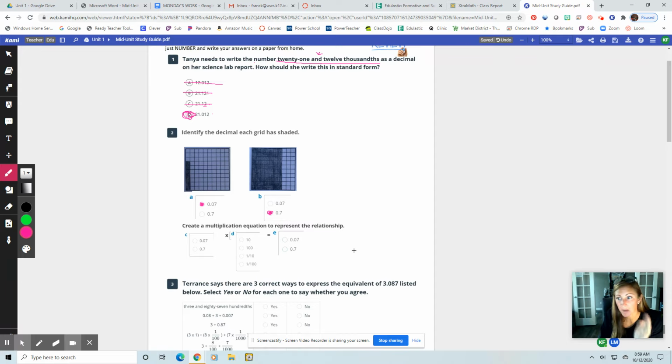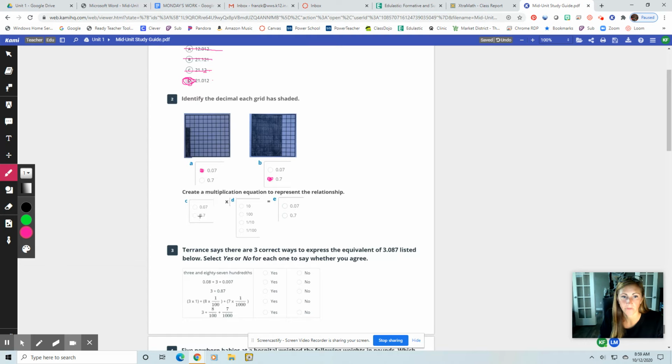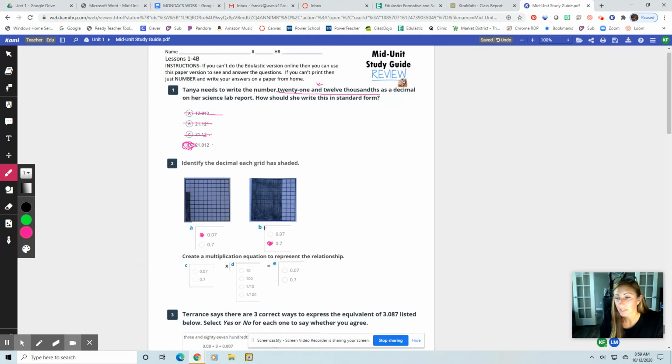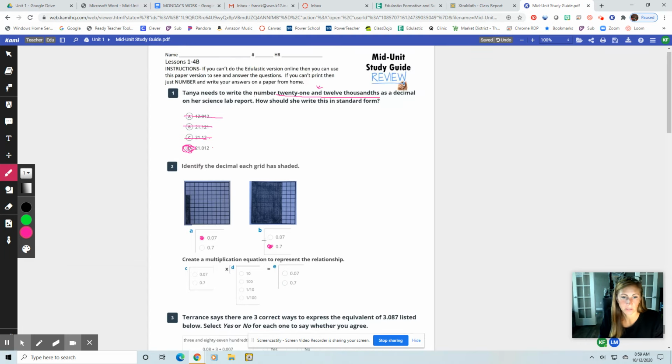So now the biggest part of that we learned from lesson 1 is the relationship between the two numbers and their value. If I have 7 tenths and 7 hundredths as my option, 7 hundredths can be multiplied. See how I'm forcing you to use multiplication? So if you used a tenth, that means it's going backwards.